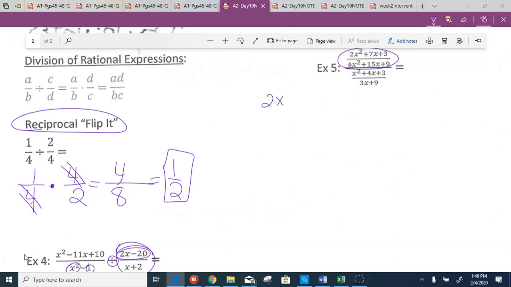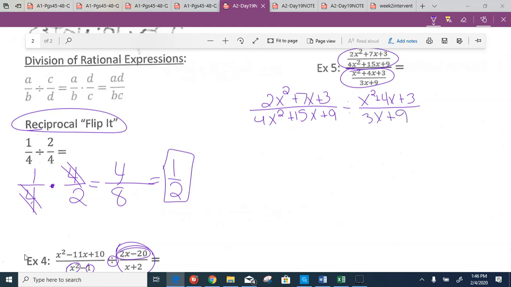It's really 2x squared plus 7x plus 3 divided by 4x squared plus 15x plus 9, divided by this stuff here now: x squared plus 4x plus 3 over 3x plus 9. Great. So now I have to take my first fraction and I need to break it up.